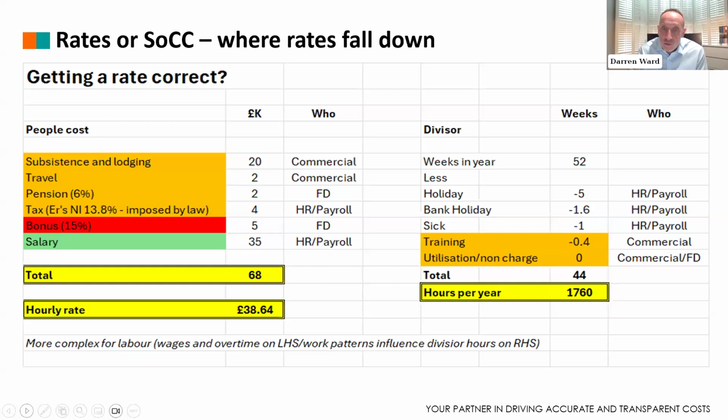That should have driven a rate of about 32, 33 pounds an hour. So in using rates in this example, you've overpaid 15 to 20%. And that's just looking at a staff rate. It gets way more complex for labour because you've got things like overtime and strange work patterns to consider. You can easily just get the rate completely wrong.